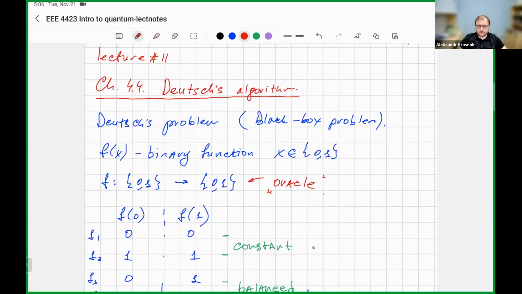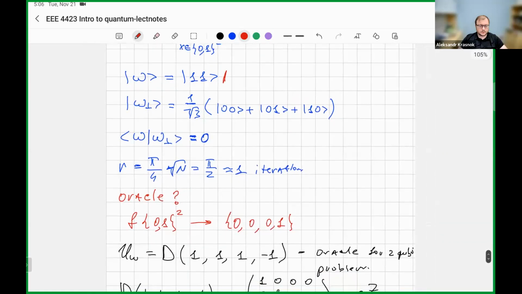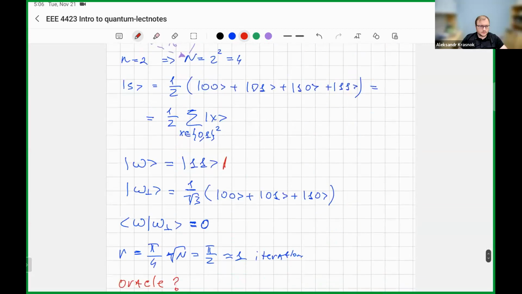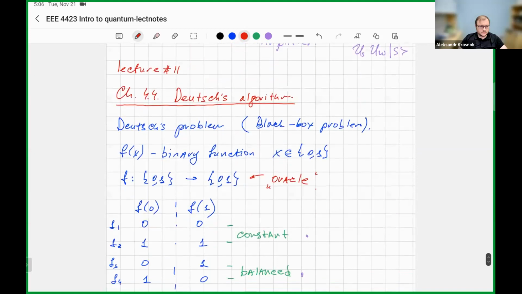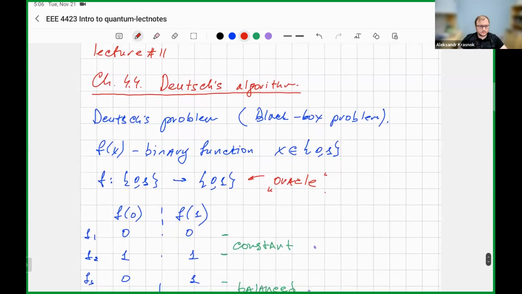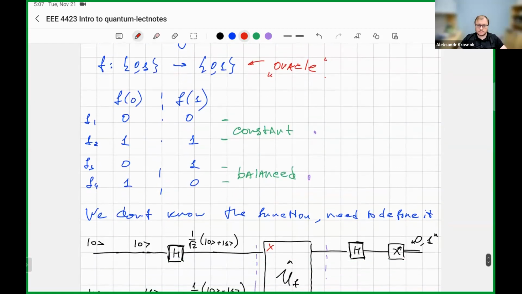Last week we finalized our discussions about the basics of quantum algorithms. Two weeks ago we discussed the Grover search algorithm, and last week we dedicated our time to Deutsch's algorithm, which allows us to solve Deutsch's problem of determining the type of an oracle function, either constant or balanced.